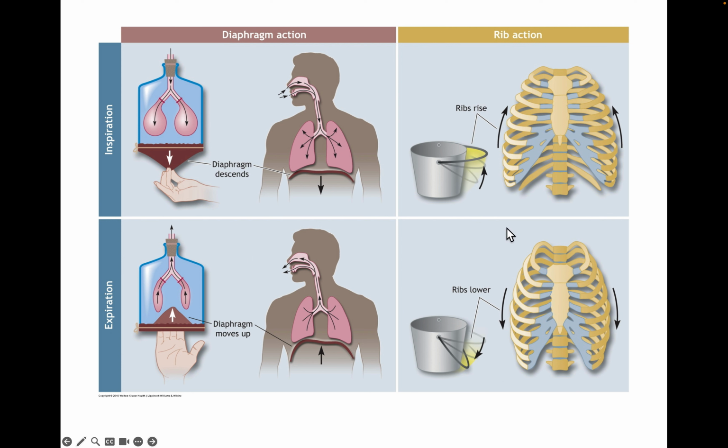On the right side here, we'll talk about this in a little bit, but as you breathe in, especially during exercise, your ribs will be pulled up, making the rib cage wider. And when we expire or breathe air out, the rib cage will come back down.